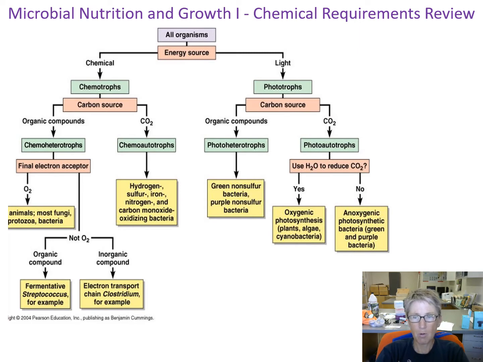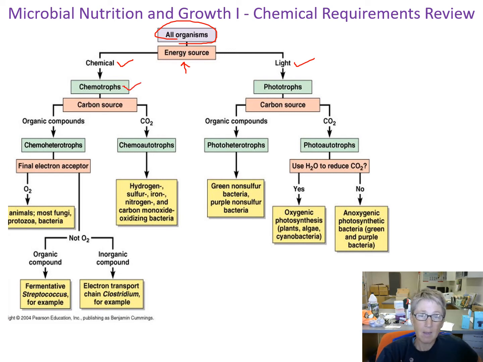This is just a review of the chemical requirements for nutrition and growth of microbes. So here we are, all organisms, and they need an energy source. We all do, whether we're a tiny microbe or a human being. The energy source could be a chemical energy source or a light energy source. If you use chemicals as your energy source, you are a chemotroph.